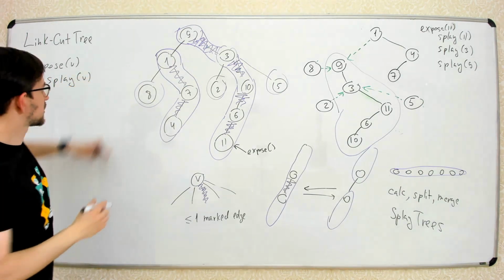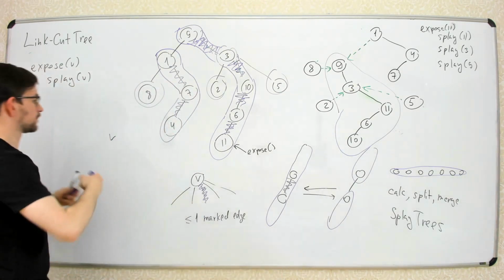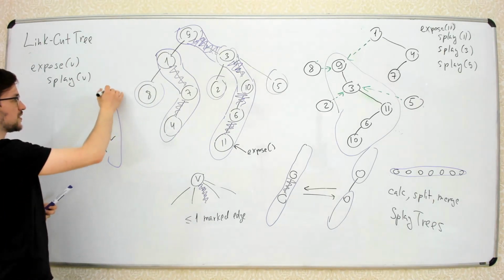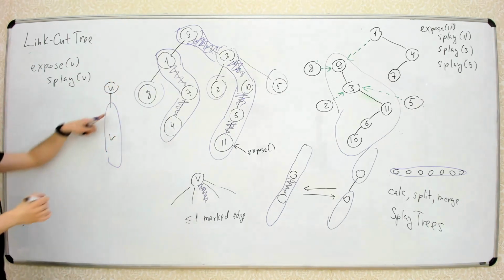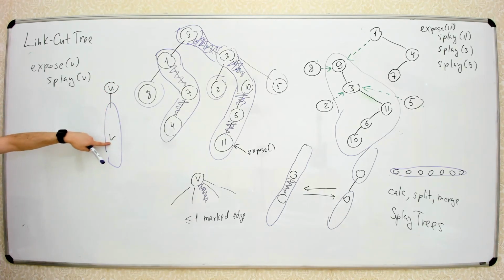Then you have this node v, which belongs to some path. So you need to find this node u, so you need to find this edge. This edge, you immediately call splay to node v. Now v is the root.